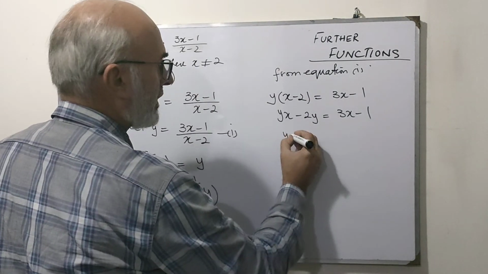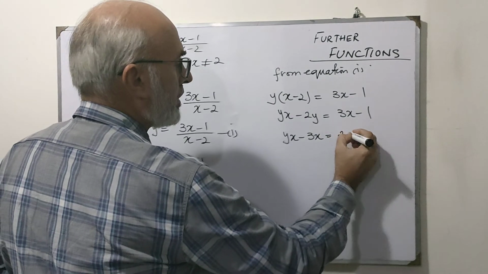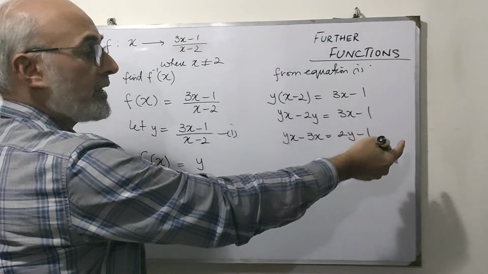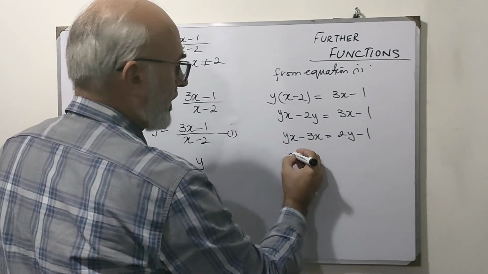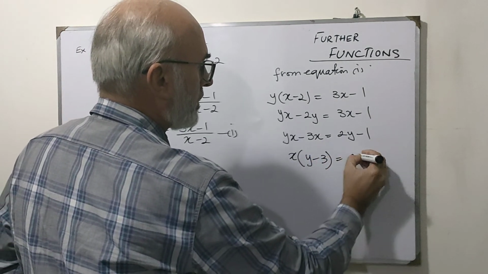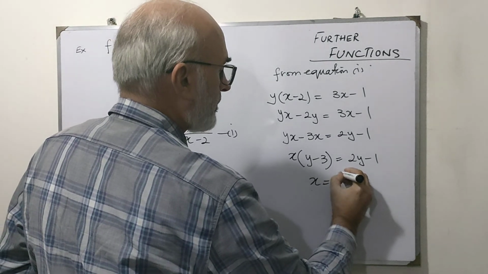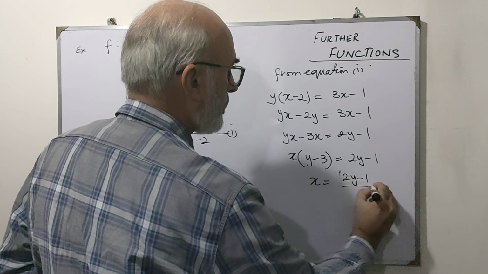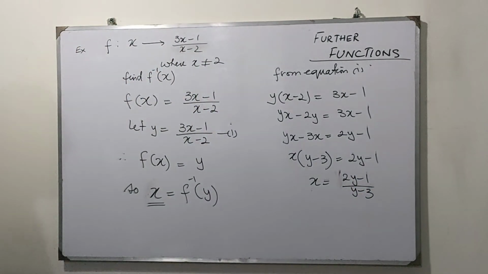So yx minus 3x is equal to 2y minus 1. This goes over that side and 3x comes to this side. So x is common, (y minus 3) is equal to 2y minus 1. So x is equal to (2y minus 1) over (y minus 3).